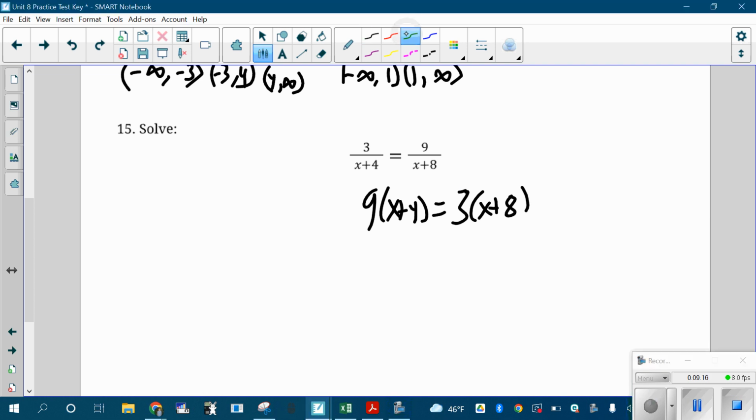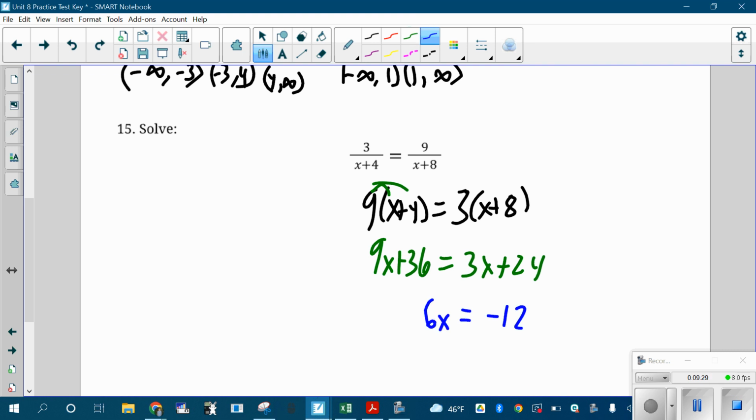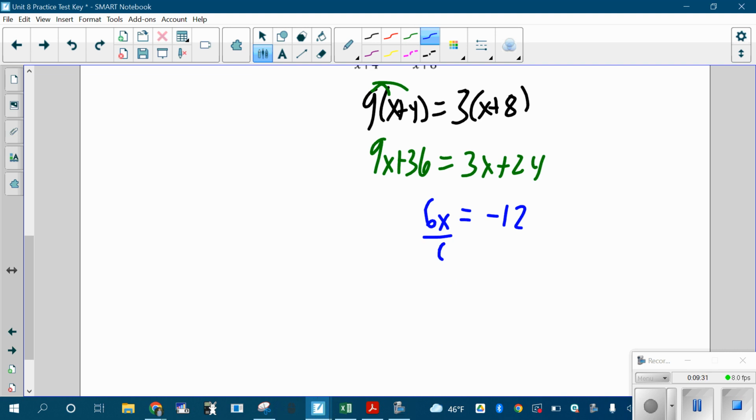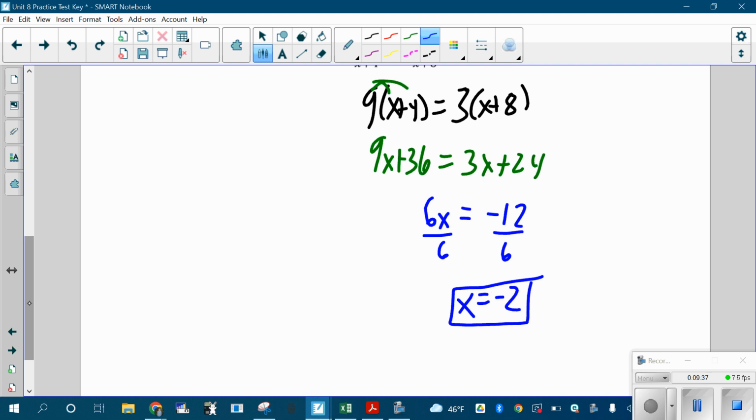And then just distribute and solve this equation. Okay, so 9x plus 36 equals 3x plus 24. Subtract the x's over the left side, numbers over the other side, divide both sides by 6, you get x equals -2. That's your solution. Cool?